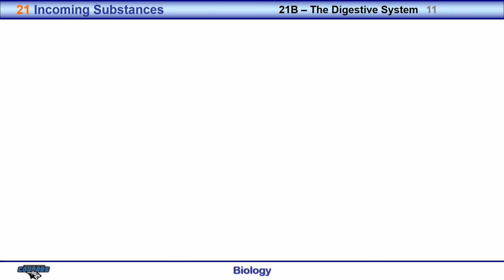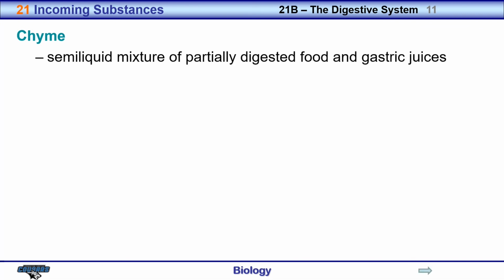Now, after the food is thoroughly broken down into a semi-liquid form inside of the stomach, and this semi-liquid form is called chyme, kind of pronounce the CH with a K sound.